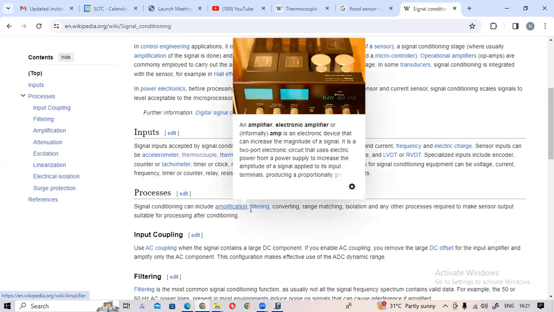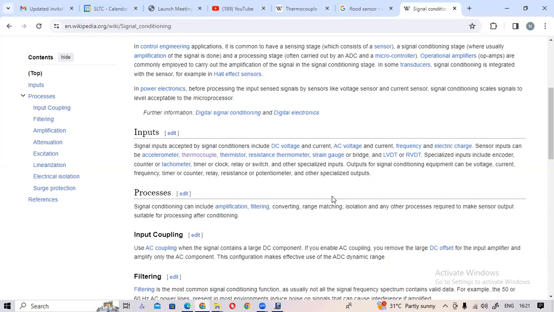You can see in this application filtering, analog to digital conversion, range matching, isolation. These are some signal conditioning processes. So there are some signal conditioning circuits: amplification circuit, filtering circuit, converting circuit. You have learned them.